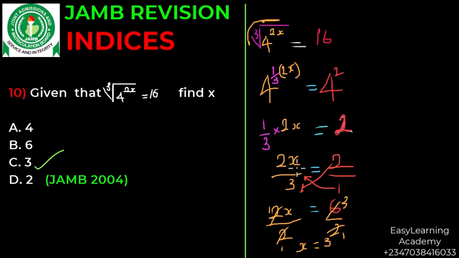Now to take away the fraction, we cross and multiply. 1 multiplied by 2x gave us 2x, 3 multiplied by 2 gave us 6, and to have x, we divide both sides by the coefficient of x, which is 2. 2 cancels itself, 1 comes into 2x. 2 cancels itself, 1 comes into 6, 3. So x is equal to 3, and we had it as option C. So that was it. All right, so we proceed.